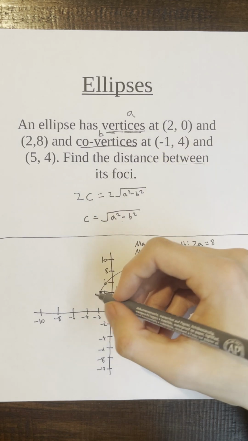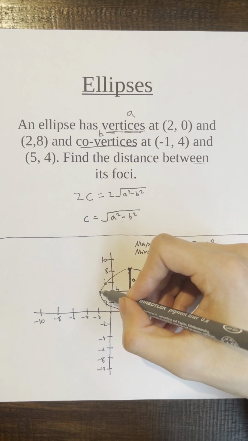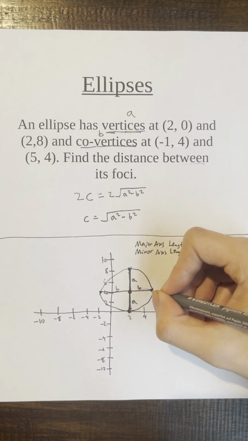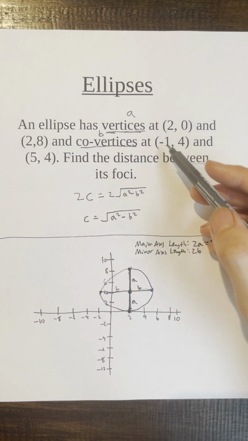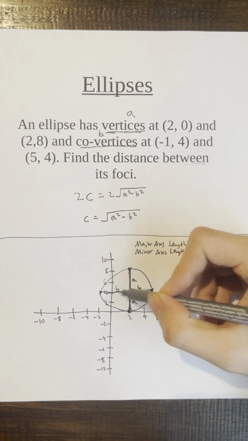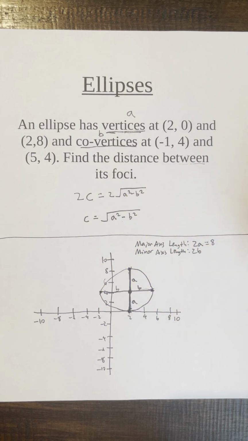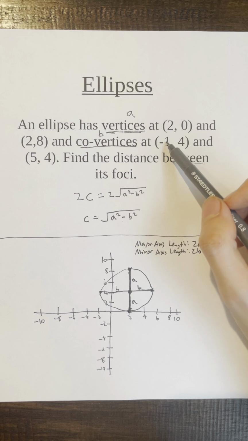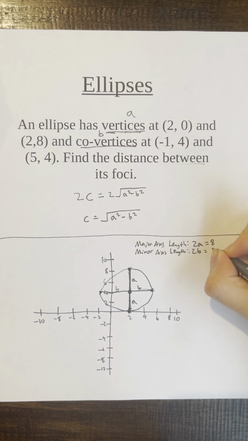So we're at -1, 4 and 5, 4. So to go from -1 to 5, how many units do I need to move? So you can just do 5 minus -1, which is just 6.